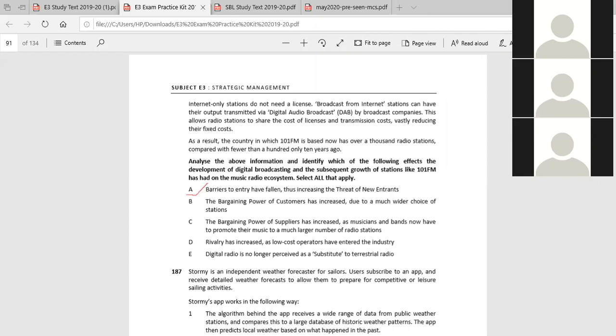When there are many suppliers, what happens? The customers have to be attracted. That's why there is this cutthroat competition. So the power of who increases? Only the customer's power increases.